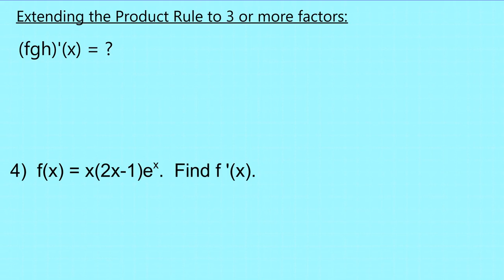All right. Now, the product rule that we've seen so far was just applied when you have two factors, like f times g, a first times a second. But you can extend the product rule to 3 or more factors. I'm not going to prove it, but it looks like this.